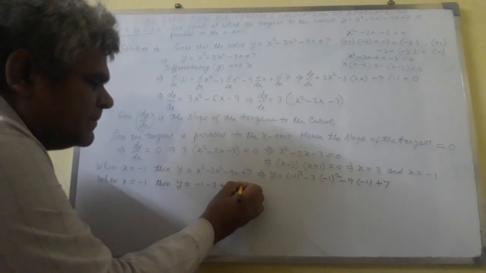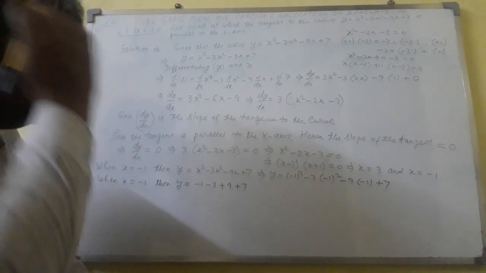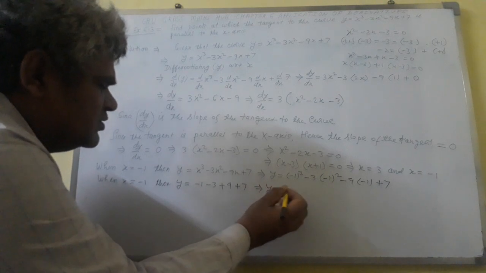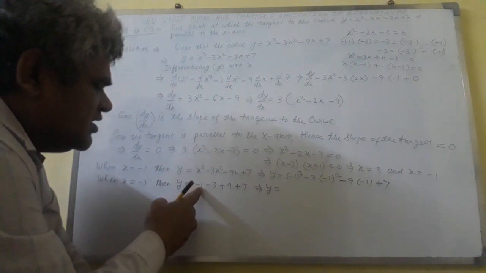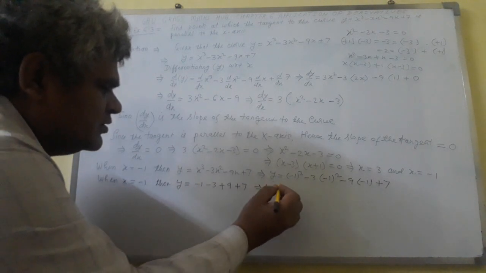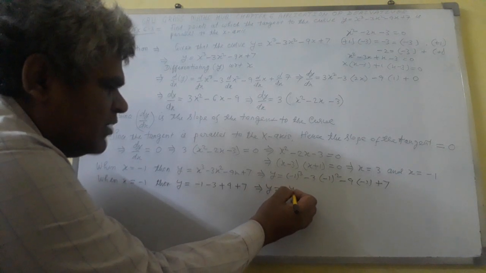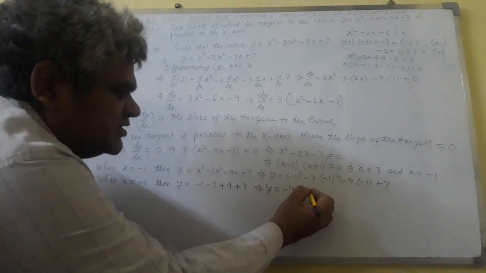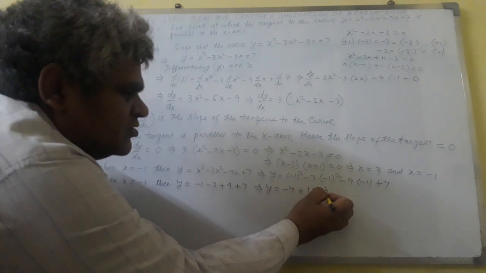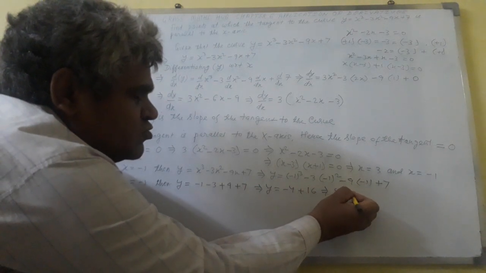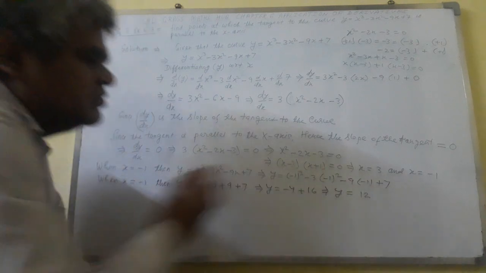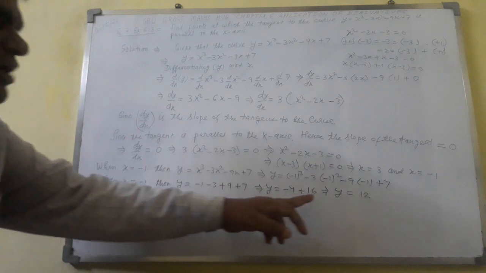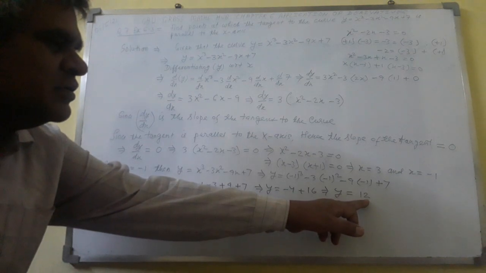Here get plus 7. You will get here y equal to minus 4. Minus 4 plus 9 plus 7 comes out to be 12. So you will get here y equal to 12. When x equal to minus 1, the value of y you have got 12.